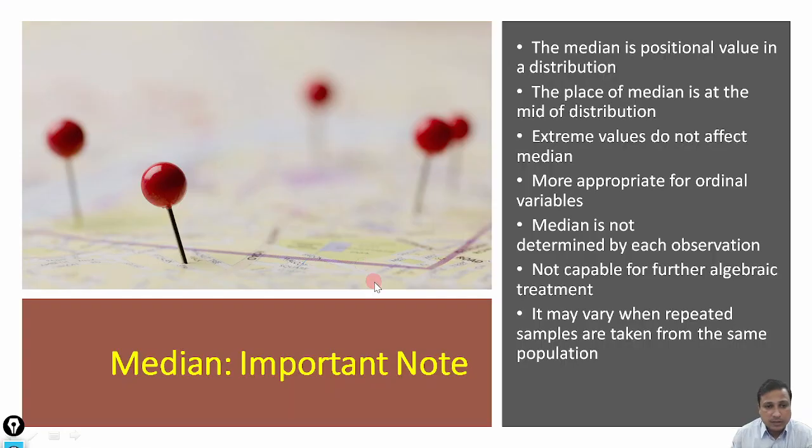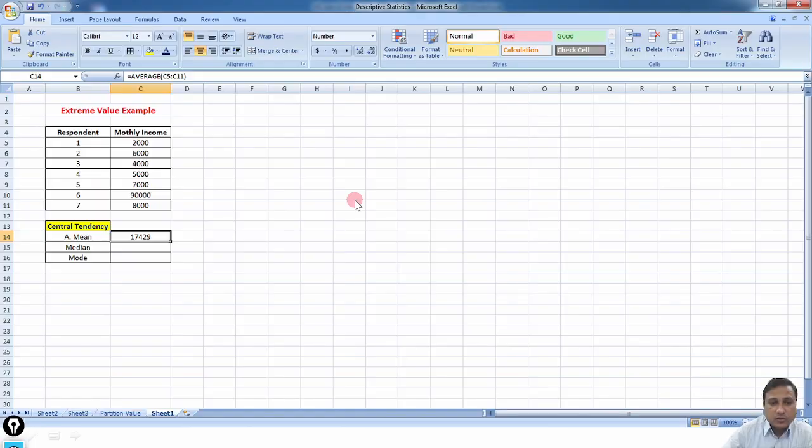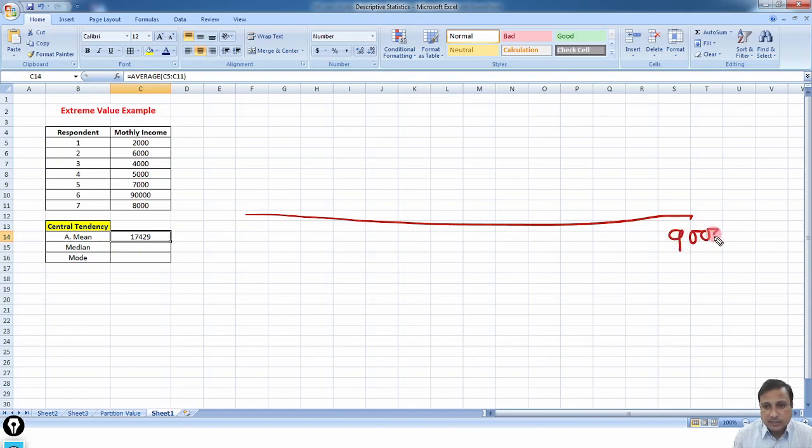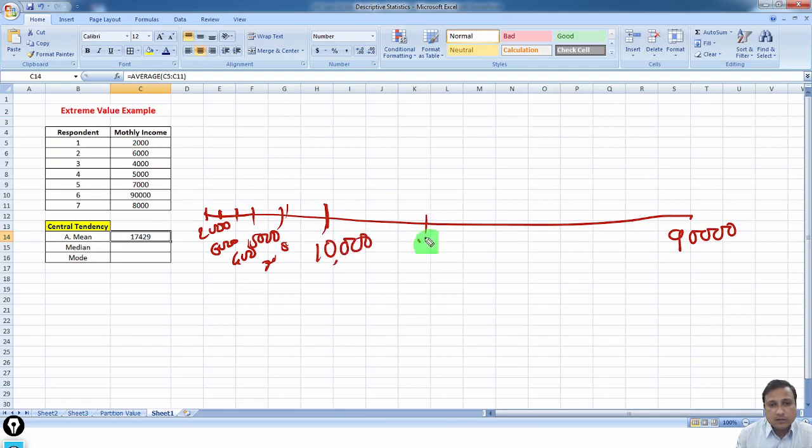This is an outlier, and if I draw a line like this, and on this line mark 2,000, 6,000 rupees, then 4,000, 5,000, 7,000 and 8,000, all below 10,000, then 20,000, and so on.